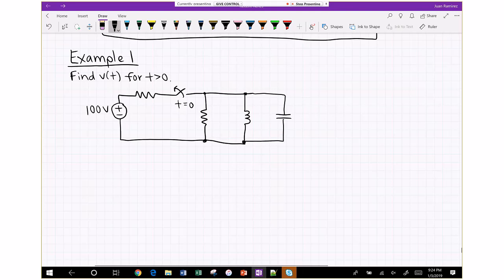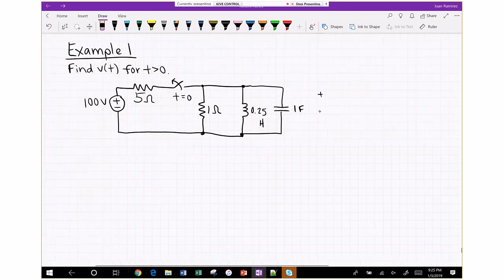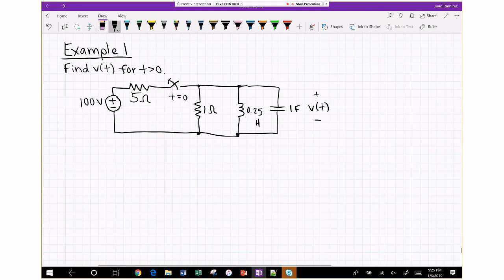Okay, so this is what our circuit looks like. And we're looking for the voltage across the capacitor, which is the same as the voltage across the 1 ohm resistor and the 0.25 henry inductor.